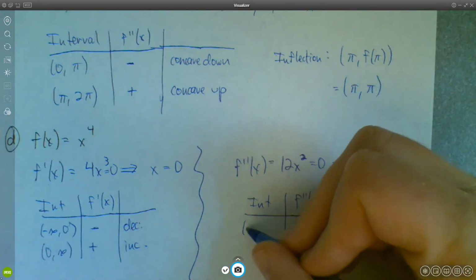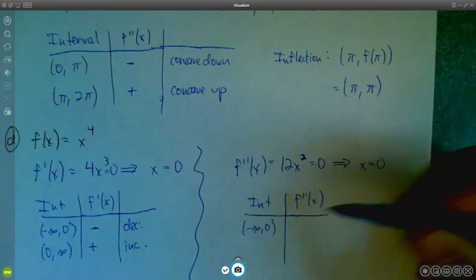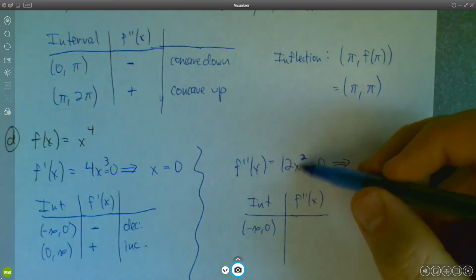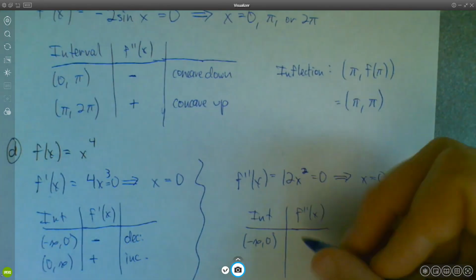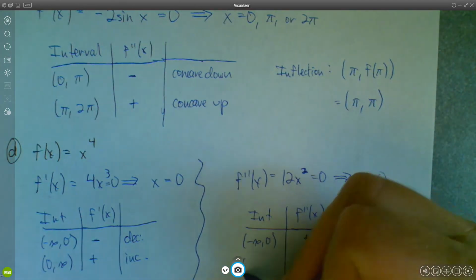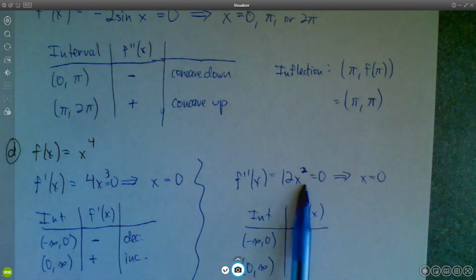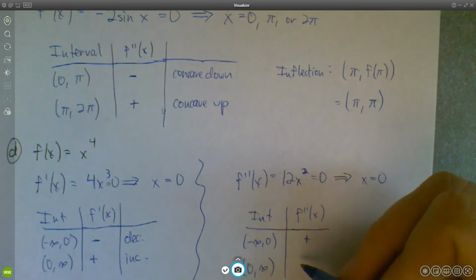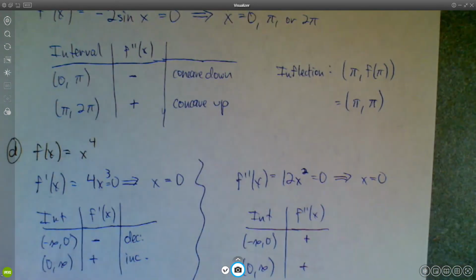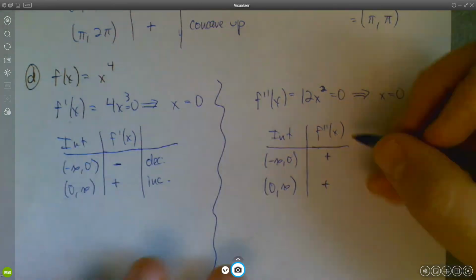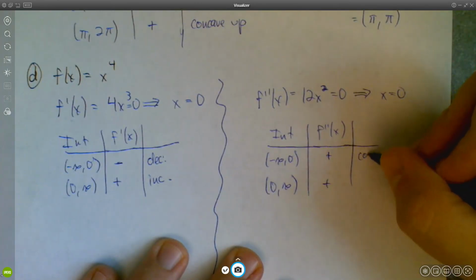Okay, so same interval, -infinity to 0. If I plug in something negative here, a negative squared is going to be positive, so it's going to be positive. And then on the other half, if I plug in like 1, 1 squared is positive times a positive is still positive. Okay, so notice that I'm concave up in both places.